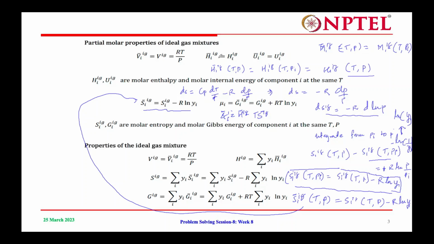Now put the Hi^ig value here, and you will get this one. So this is the partial molar Gibbs property. All of you got it clear, I think.